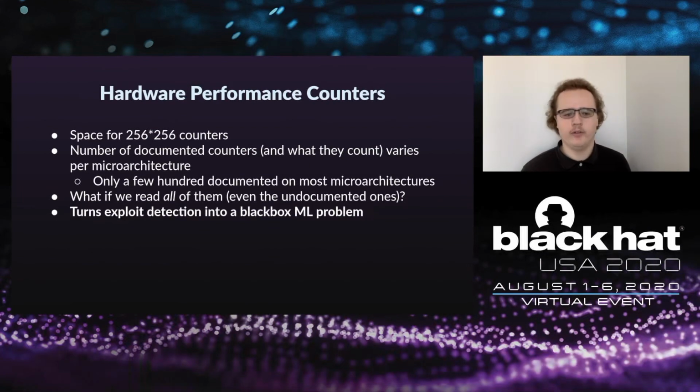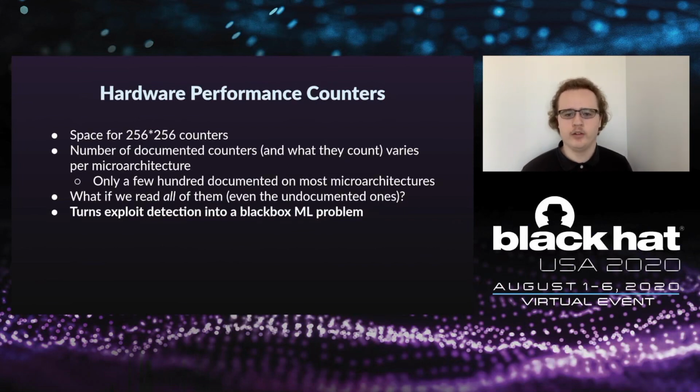Somewhere in the low hundreds to 1,000-ish, I think 1,500-ish was the most they've ever documented. But that's not to say that the ones that aren't documented don't have any data behind them, that they're not counting anything. So the idea basically came about, what if we read all of the counters, even the undocumented ones?